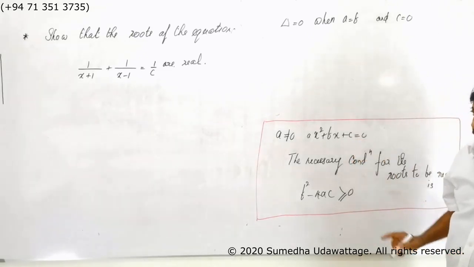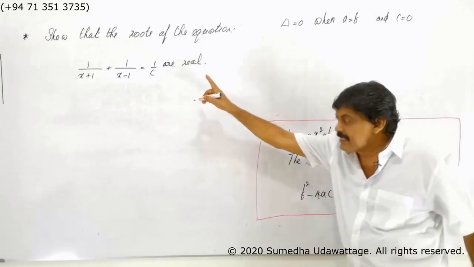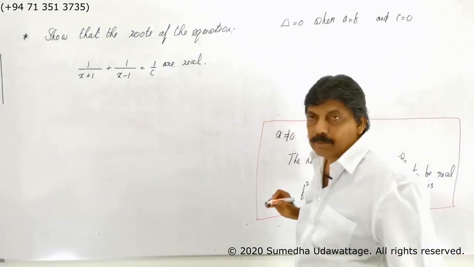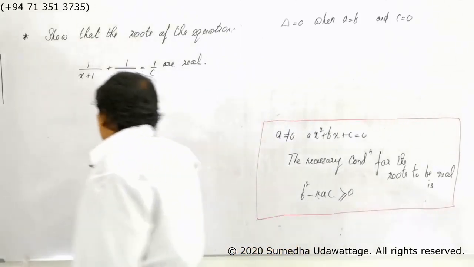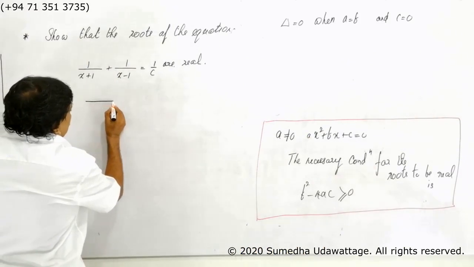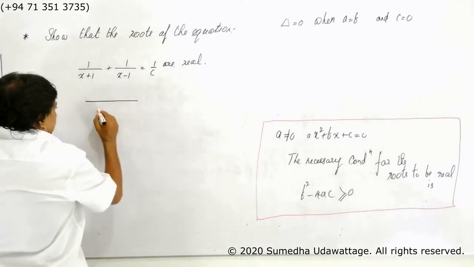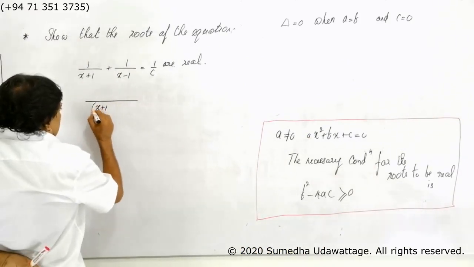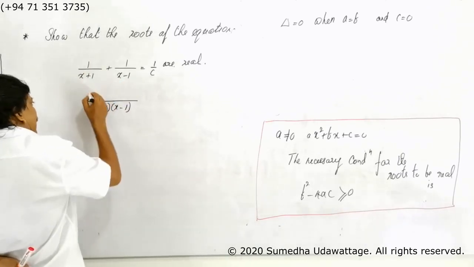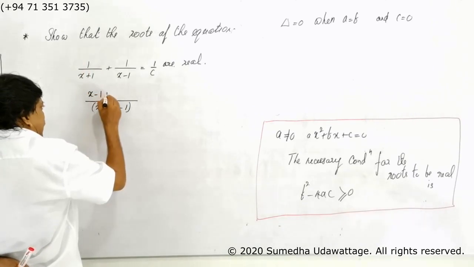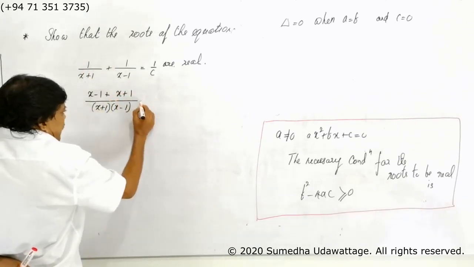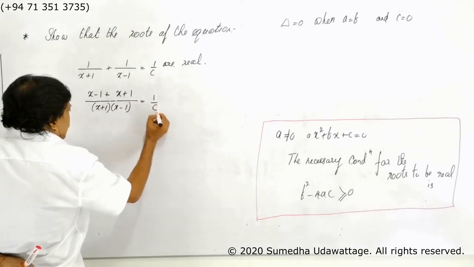Then the first step is that we have to turn this given equation into this form. Therefore, we will simplify the equation. Take the product to be the common denominator. From this x minus 1, this 1 would get multiplied. From this x plus 1, this 1 would get multiplied, is equal to 1 over c.